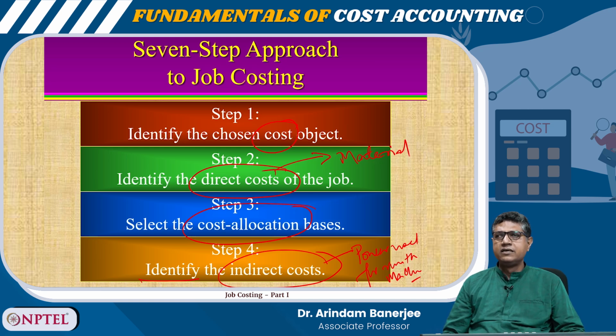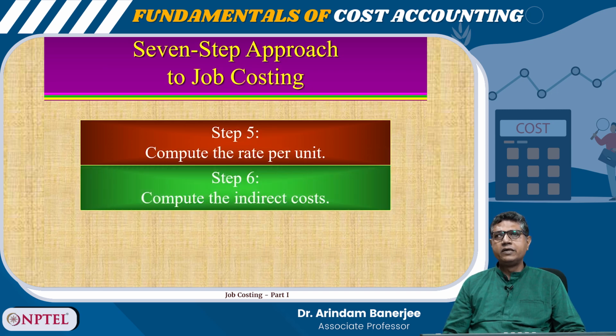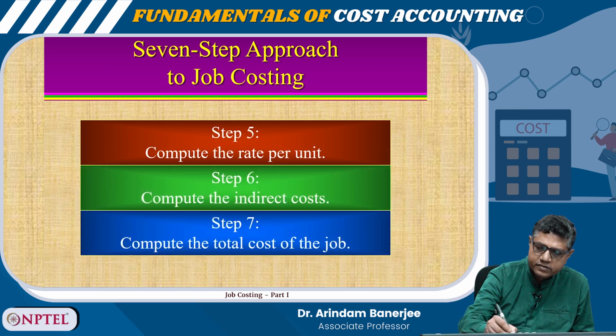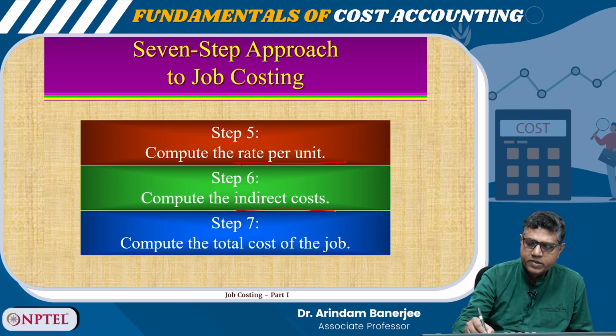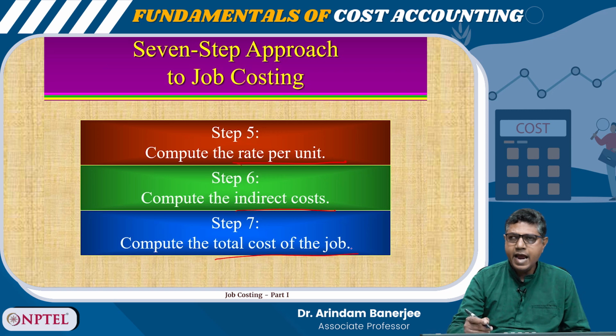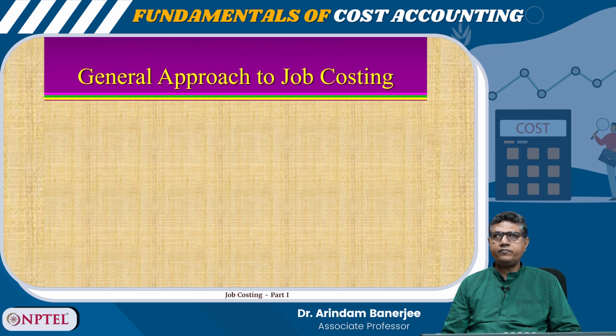In such a case, this cost of power will be an indirect cost. Then compute the rate per unit, compute the indirect costs, and at the end add the direct cost and the indirect cost, and you will get the total cost for the job. So, these are the 7 steps to be followed.